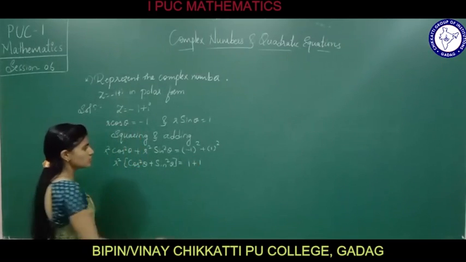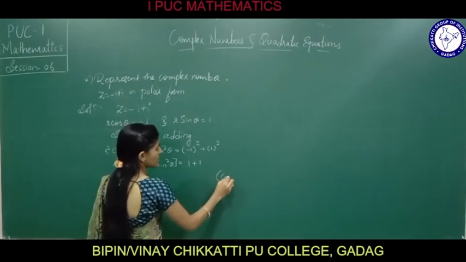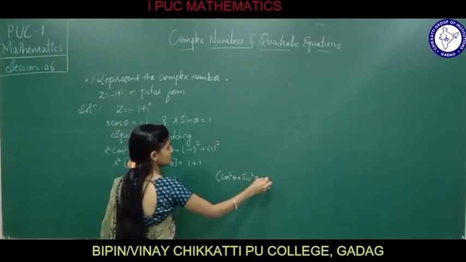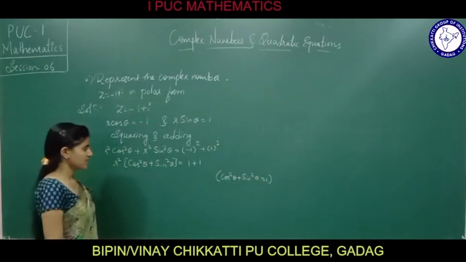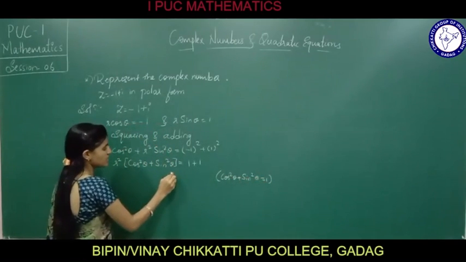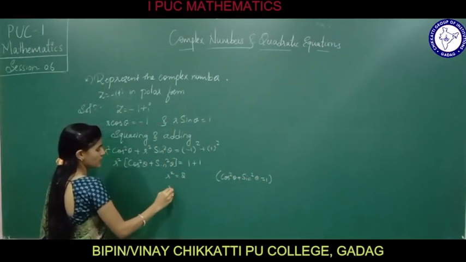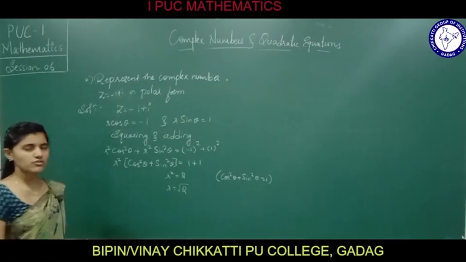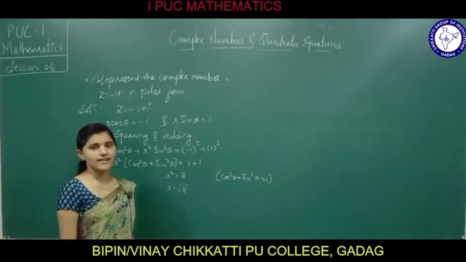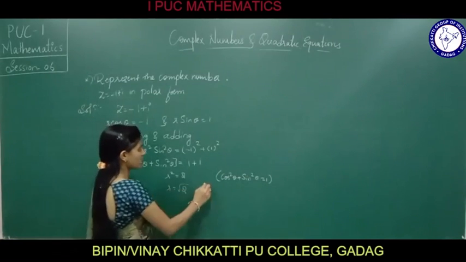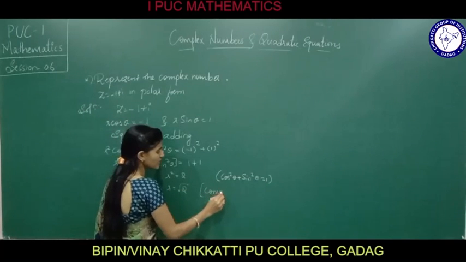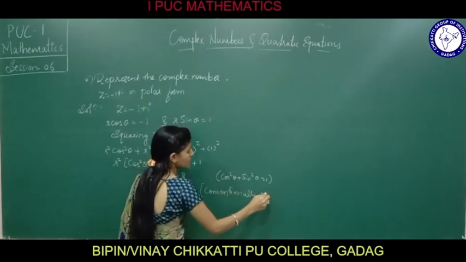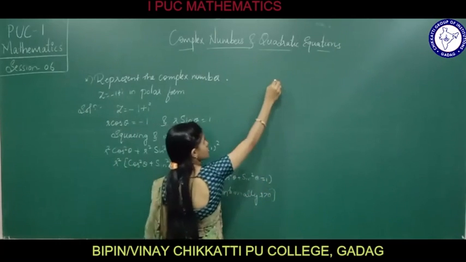We all know that cos square theta plus sin square theta is equal to 1. That is why r square will be equal to 2, r will be equal to root 2, because conventionally we have always considered that r will be greater than 0.